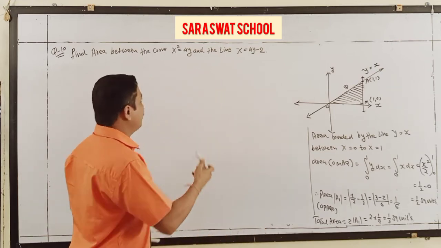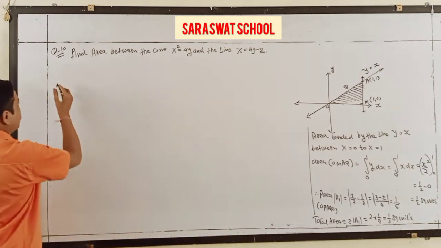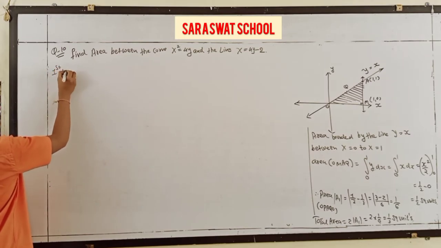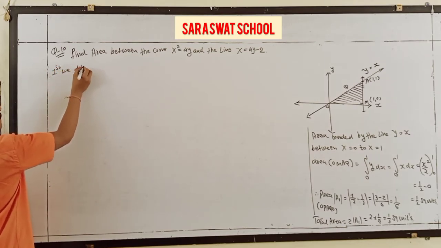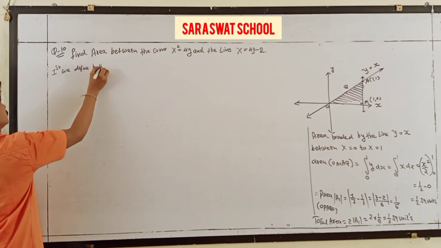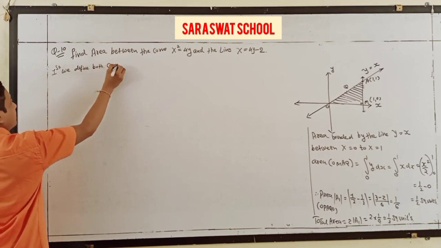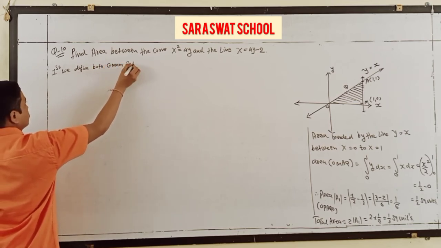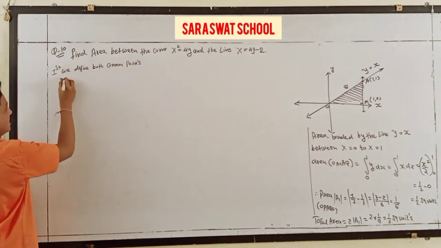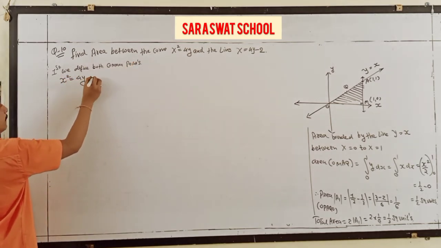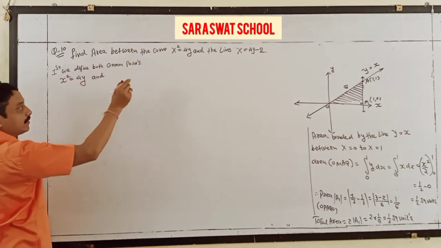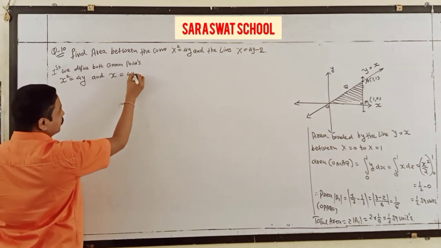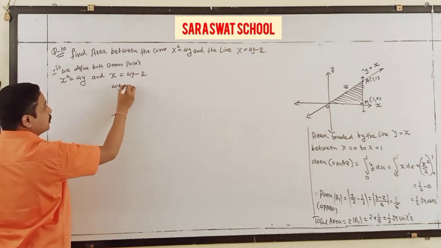Students, first of all I define both common points. So x square is equal to 4y, and secondly x is equal to 4y minus 2. So can I write 4y is equal to x plus 2?